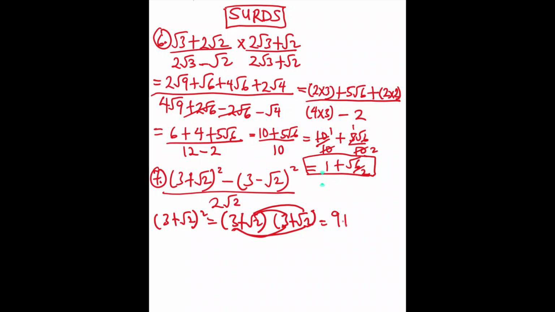So 3 times 3 is 9. 3 times root 2 is plus 3 root 2. Root 2 times 3 is plus 3 root 2, right? And root 2 times root 2 is plus root 4. Sorry, I'm just trying to manage space.